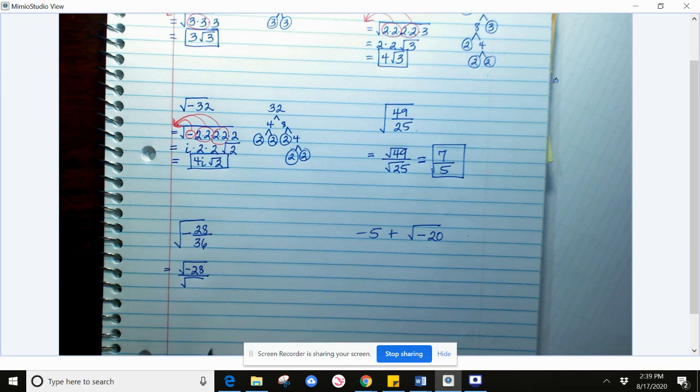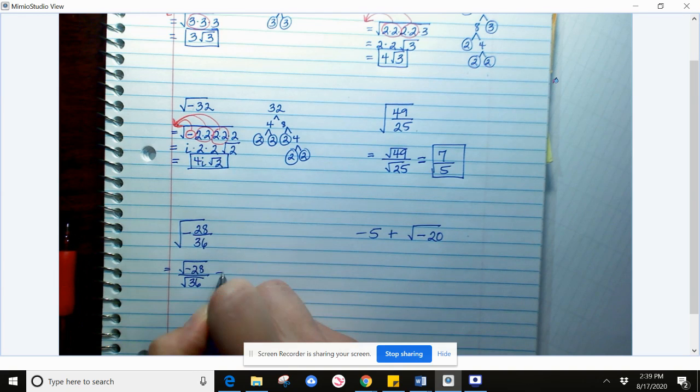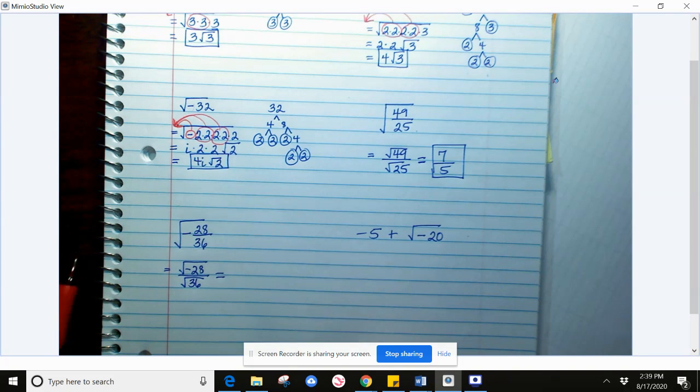Now, we can't put it on both the top and the bottom, because if we had negatives on the top and bottom, remember that would be like saying we've got a negative divided by a negative and that's positive, but that's not true. So negative only gets to go with one of those numbers, and you want to leave it on the top number. It will make it easier. And we don't want i's in the denominator. We'll learn about why that is later.